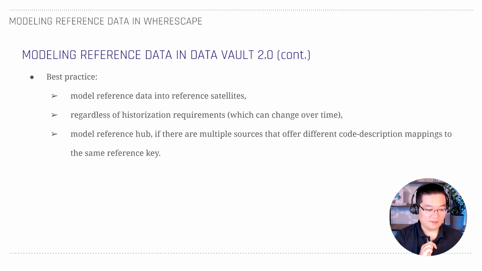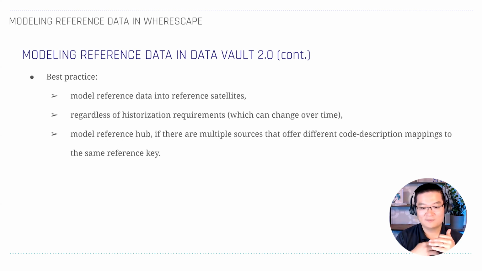So if there are, for example, different sources that would provide additional information to the ISO country codes, then you might think about modeling that reference hub, because only then would you have different information coming from different sources to describe that list of ISO country codes, right?